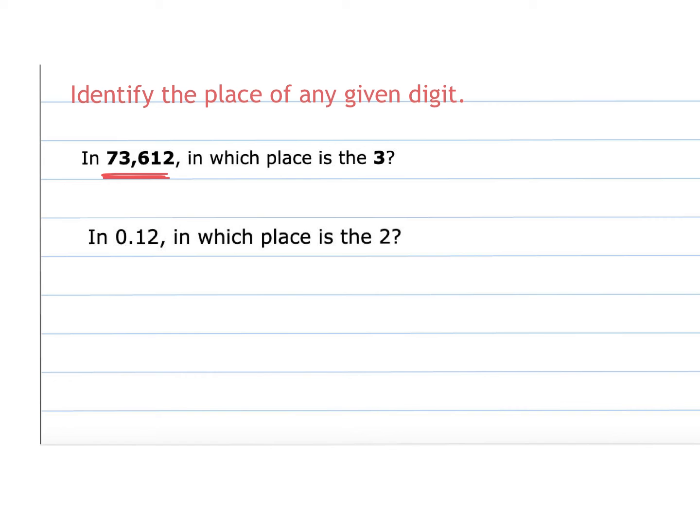So 73,612, and then we want to know in which place is the 3. So I'm going to delete that, and I'm just going to underline the 3. And the place that the 3 is in is going to be, because we have ones, tens, hundreds, so that's going to be thousands. Remember to use your chart if you have it.